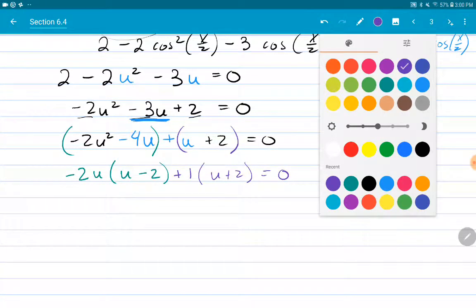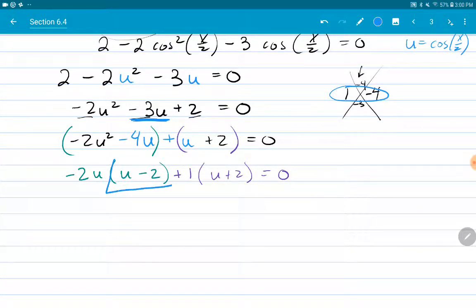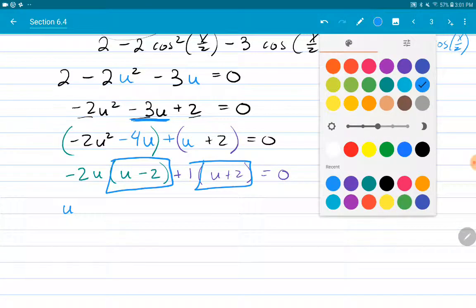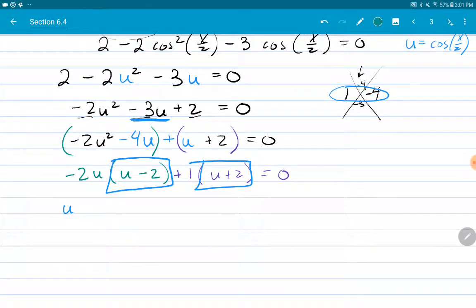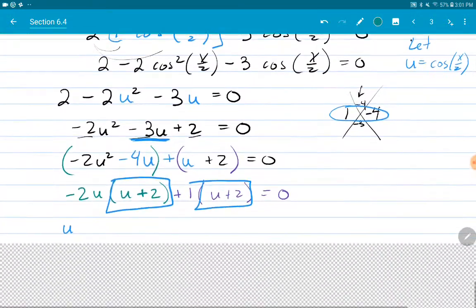And that u plus 2 is identical, which is what I want. Oh, okay, I made a little mistake on the green group. I took out a negative 2u, but I did not take the negative out of the second term. So that should have been a u plus 2. All right, now I have matching terms, and I can bring them out in front.